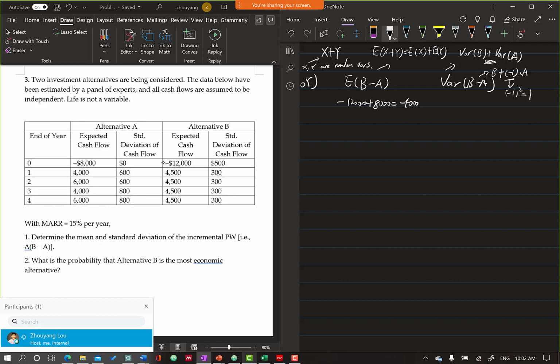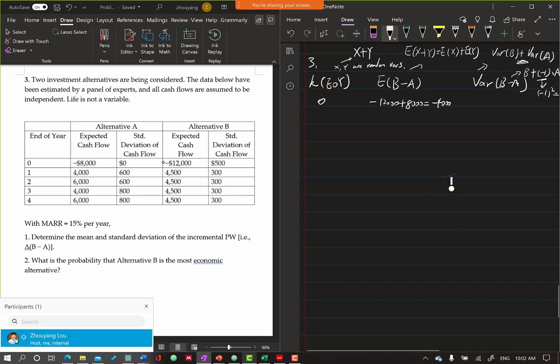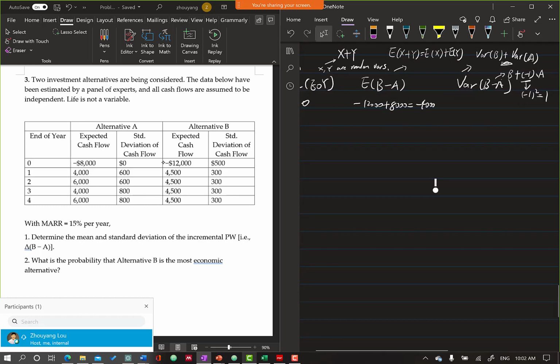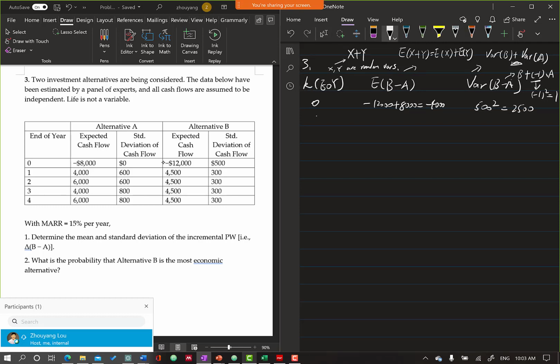So we will have just a plus sign there. Okay, so to get this variance, since we have 0 as the standard deviation for alternative A, for B we just take the square of the standard deviation of B, which is 500, so we get 500 for the first year.